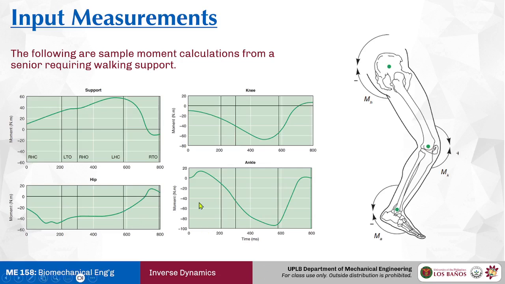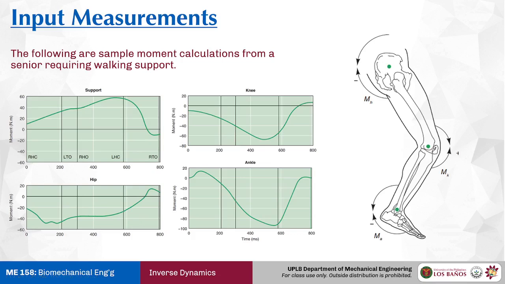This graph is a single walking cycle, and you can see some partitioning of it. RHC is right heel close, LTO is left toe open, I believe. Those are abbreviations for parts of the walking cycle.